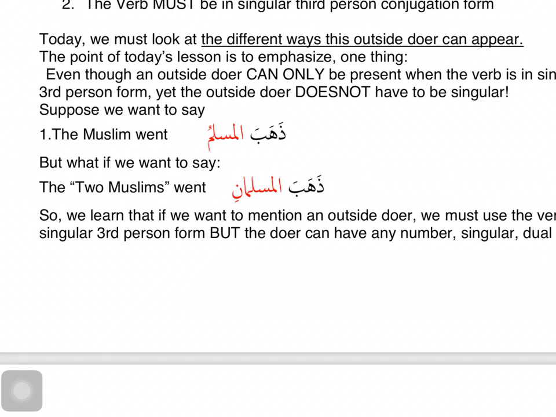But what if I want to say the two Muslims went? Dhahaba is the singular form of the verb, because I have only the option of dhahaba or dhahabat. So even if my doer is singular, dual or plural, I can only use the singular form of the verb. If it's masculine, the fa'ala form. If it's feminine, fa'alat.